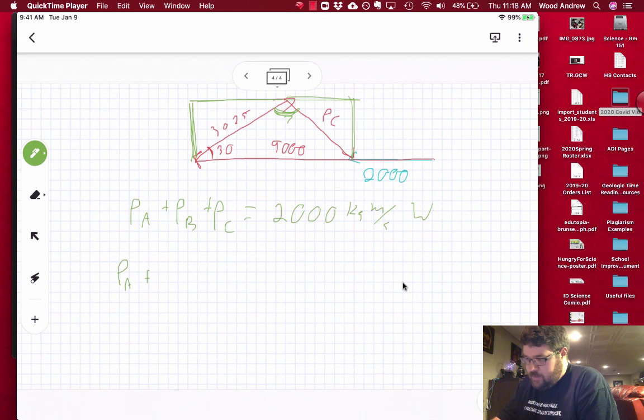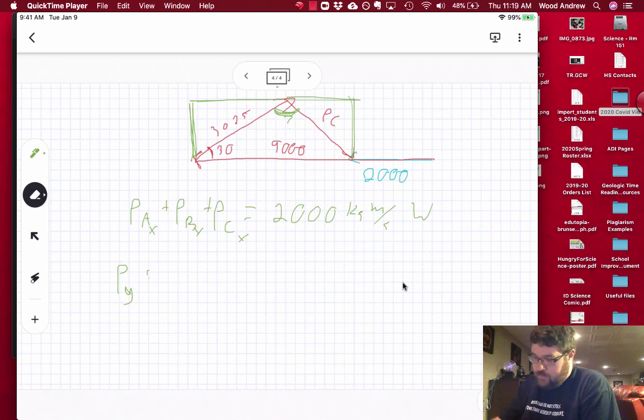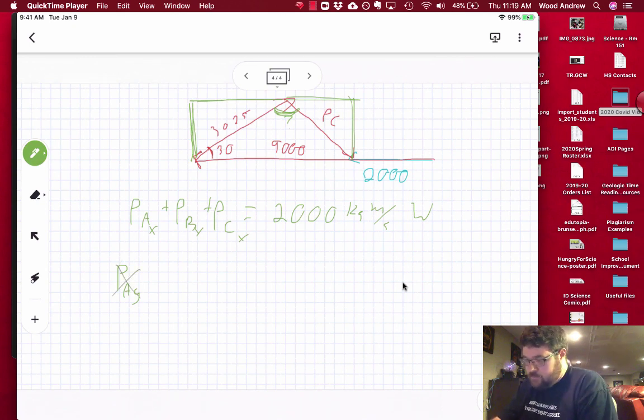Let me start over. I'm not explaining this very well. We know that this has to be our total horizontal, and our total vertical momentum then, right? So this is going to be all in the x direction. We know that the momentum of A in the vertical is 0, so we can ignore that.